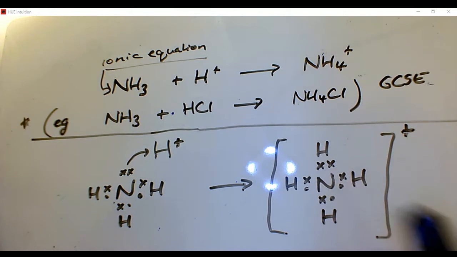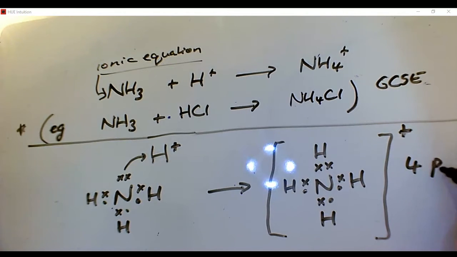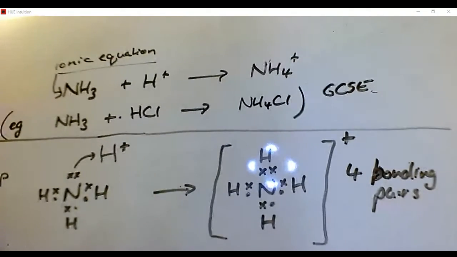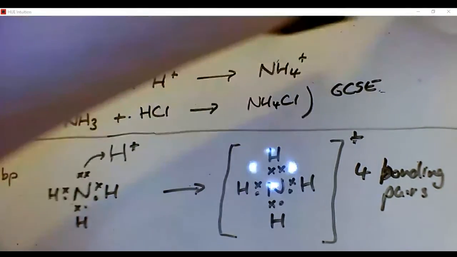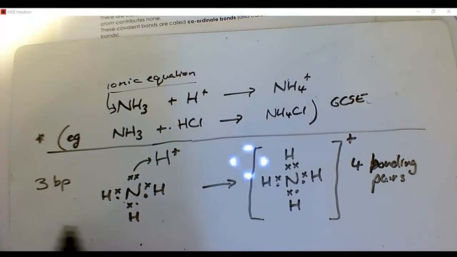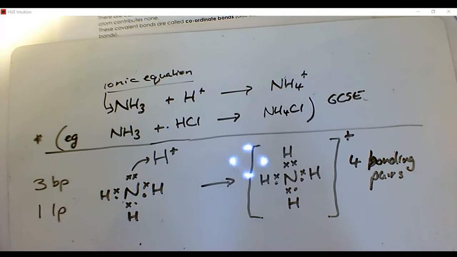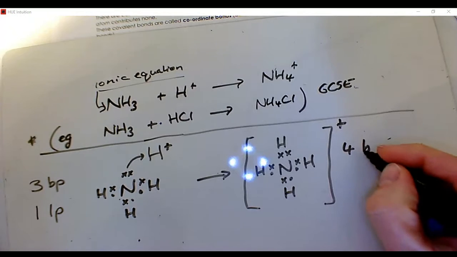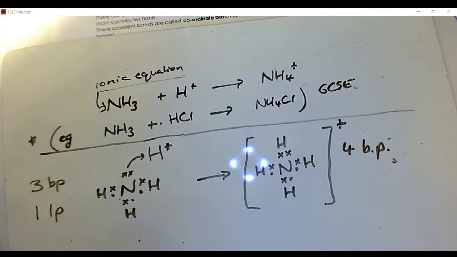It ends up with 4 bonding pairs of electrons, whereas this one here had 3 bonding pairs and 1 lone pair in the ammonia. So 4 bonding pairs. Now that will affect the shape of the molecular ion, as you will find out.